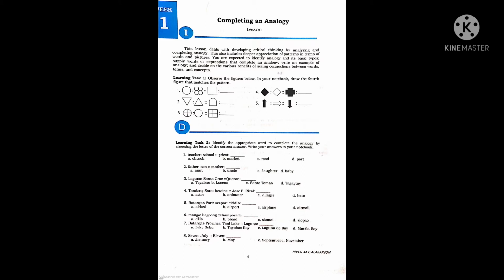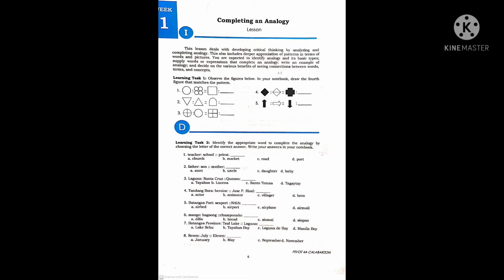And then its opposite or its pair are 4 small circles, or it was followed by 1 big square. So what will be the pair of a big square if we are going to take a look at the pattern on our first pair? So it will be 4 small squares.